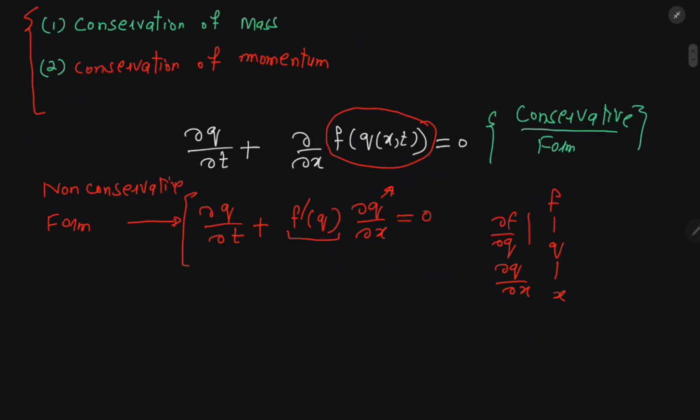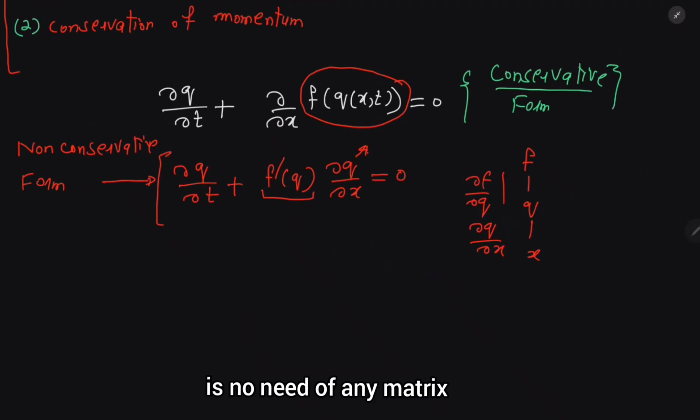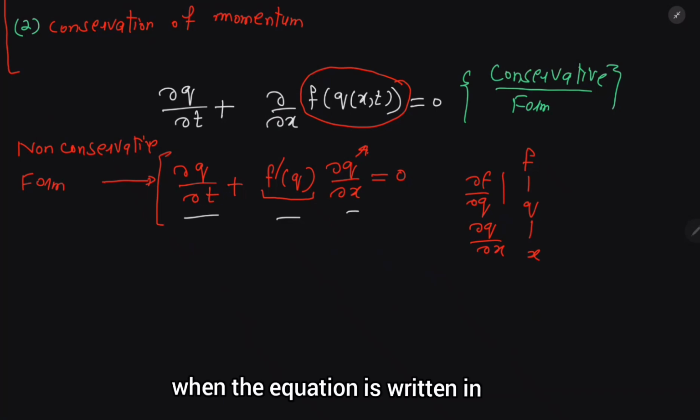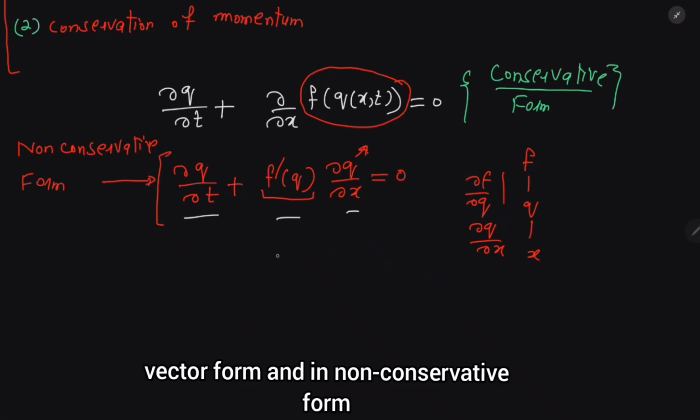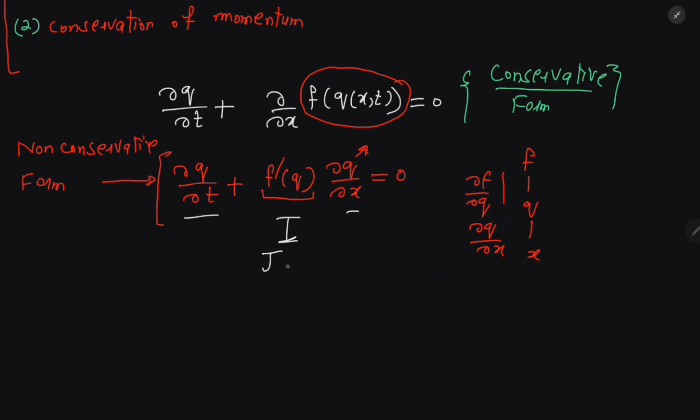When we have a scalar equation, then there is no need of any matrix. But when it is a vector quantity, when the equation is written in vector form and in non-conservative form, then this coefficient matrix is called a Jacobian matrix.